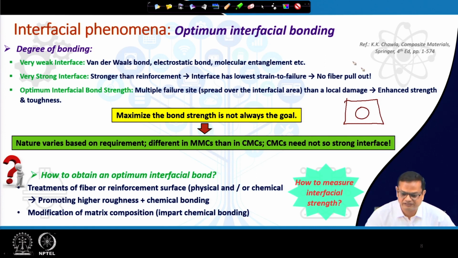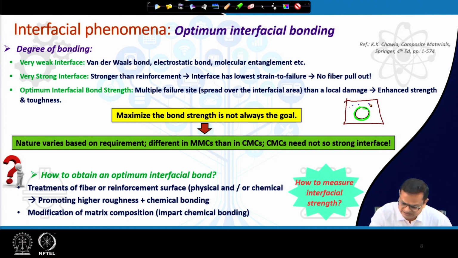But on the surface of the particles or the reinforcement, we can think about having a particular layer or coating of a phase which would lead to some kind of chemical reaction. So, this kind of engineering can be done. That is why treatment of fibers or reinforcement, and also we can modify the composition of the matrix itself.